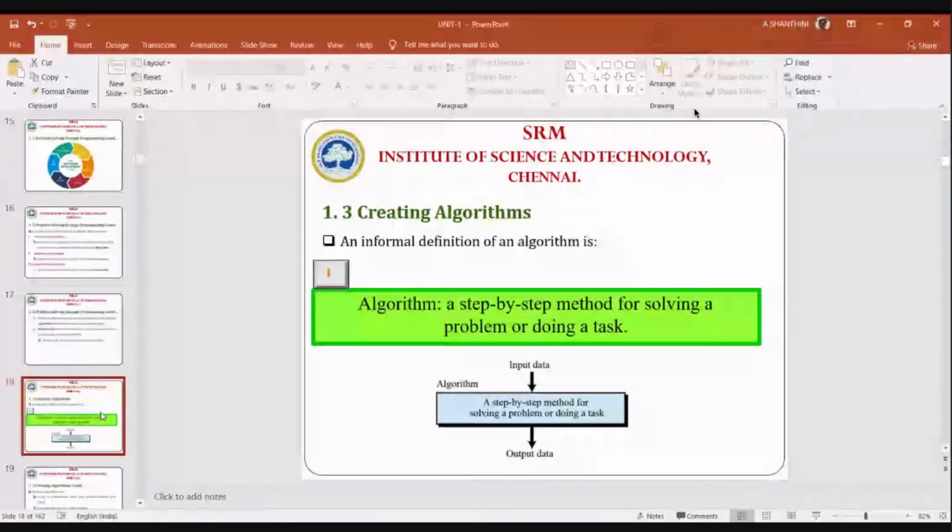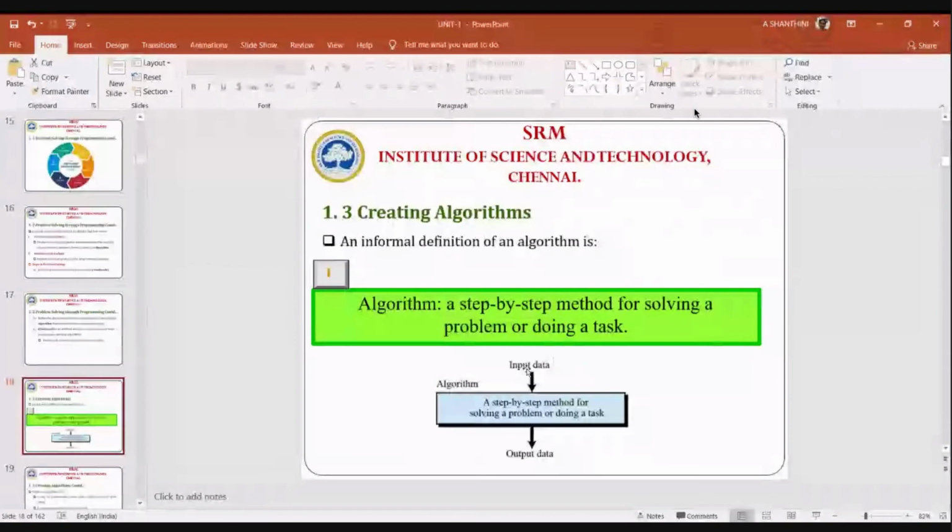Any algorithm has an input, which is the problem that you are going to give. Suppose it is the addition of two numbers; that will be the input data.